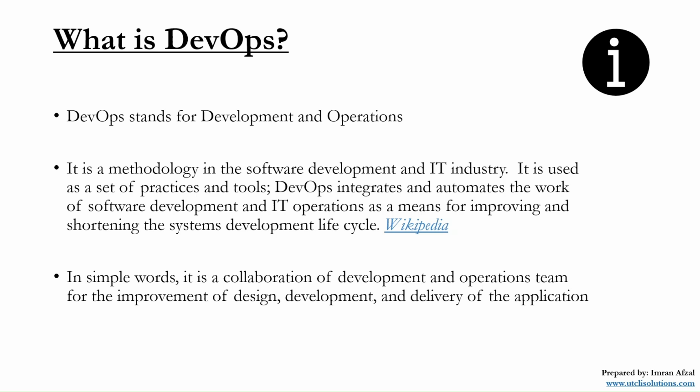All right. So now what's the purpose? The improvement of designing, development, and delivery of the application or the software that is being built to support the company's workflow. That's a very simple way to define DevOps.